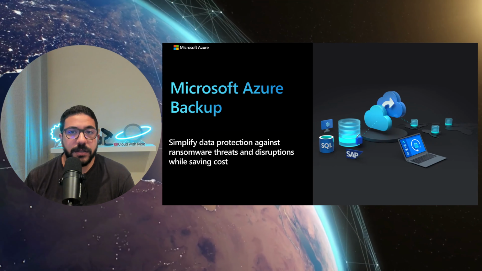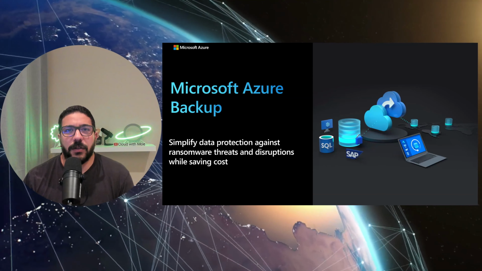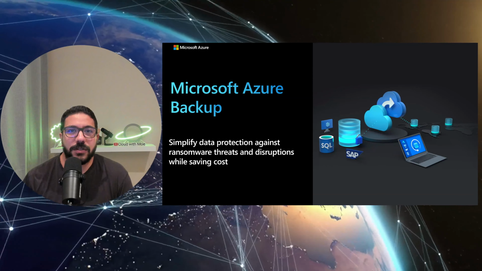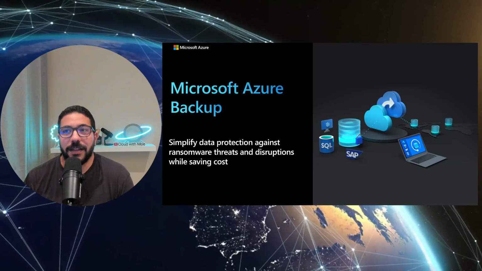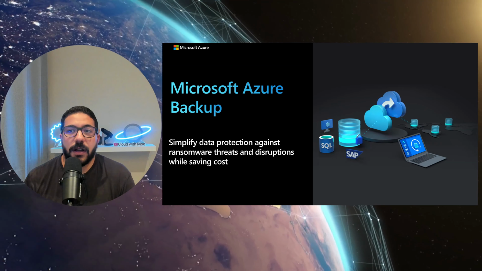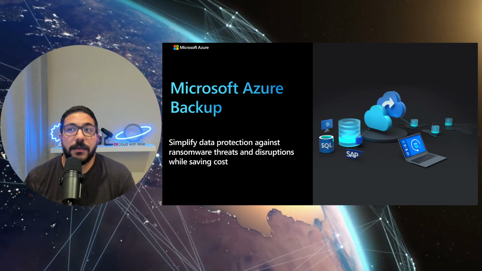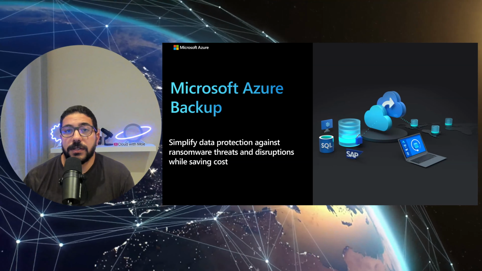These are concerns that we normally hear from our customers. Normally you'll find your manager is always asking, how does the backup strategy look, how frequently do you back up the data, all of this kind of stuff. So today we are going to answer this by using Microsoft Azure Recovery Services Vault, and it's also a solution for disaster recovery.